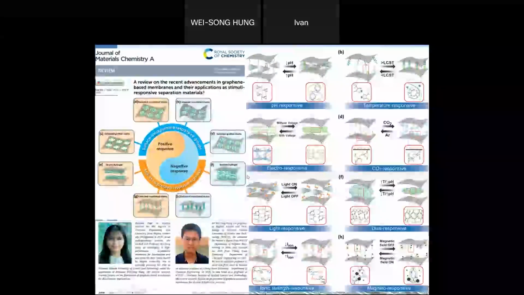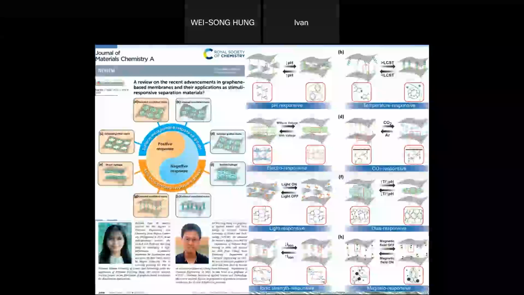We also report the permeability of the graphene membranes and the response mechanism. There are different types of response: the whole cross-linking, the whole graphene, and also the polymer and framework response.